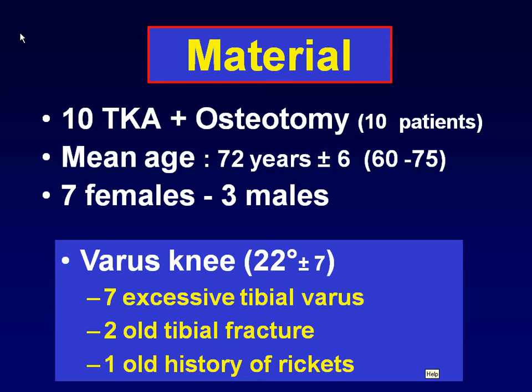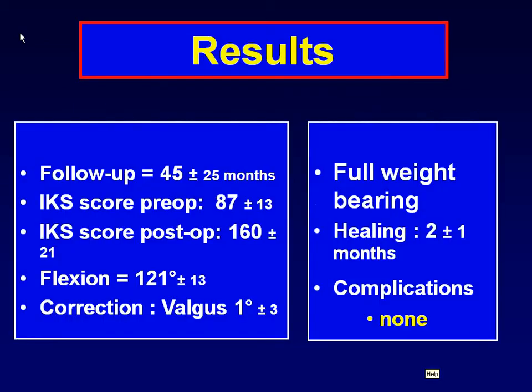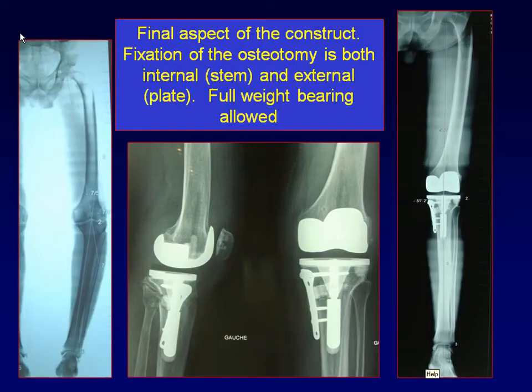Now we have more than 10 knees with TKA and osteotomy at the same time. We have probably 20 patients, but I report my first series of varus knees of about 22 degrees, with no complication, full weight bearing, and healing of all the osteotomies in about 2 months. The patient was allowed full weight bearing according to the locking screws and to the short stem.